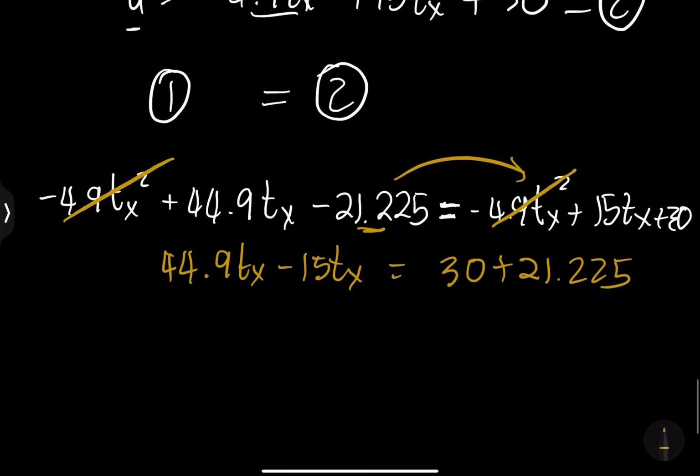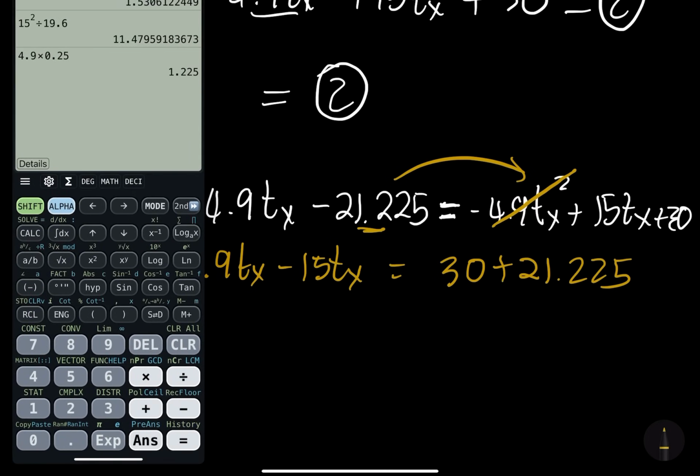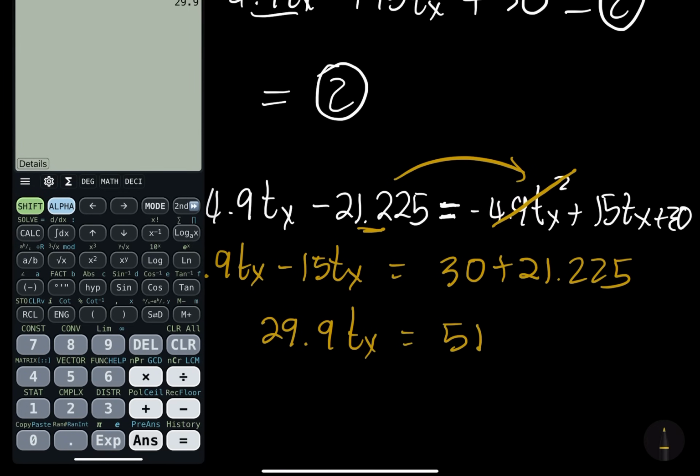Okay, so let's find our final answer. 44.9 minus 15 gives us 29.9 tx, which will be equal to 51.225. And of course we can divide both sides by 29.9.